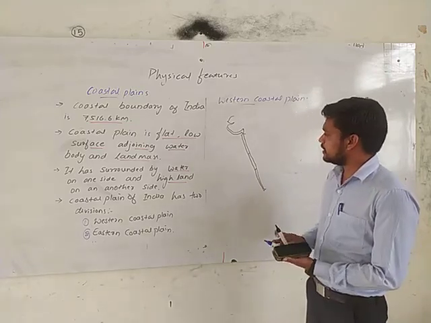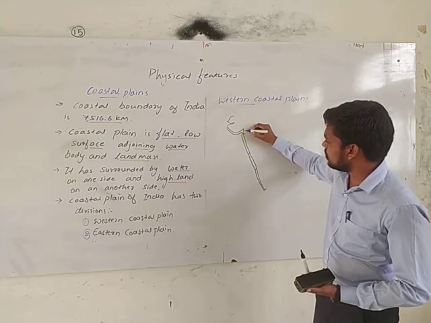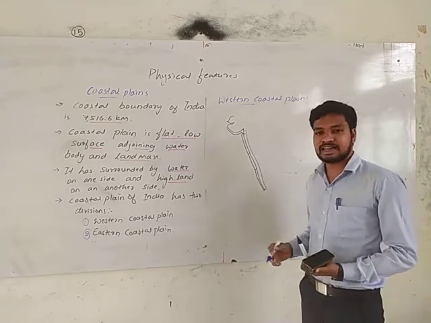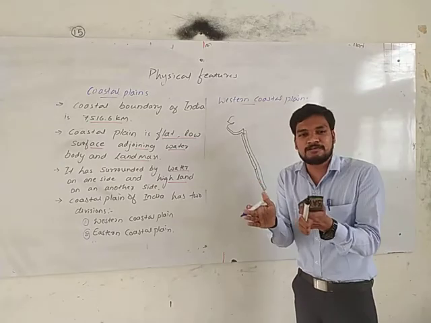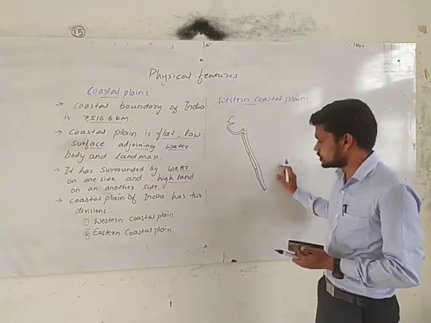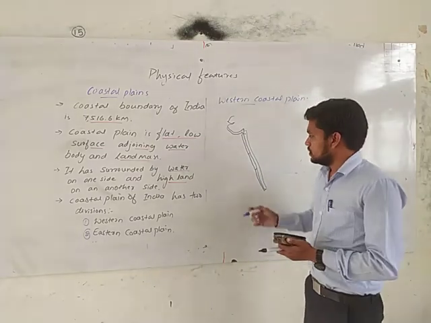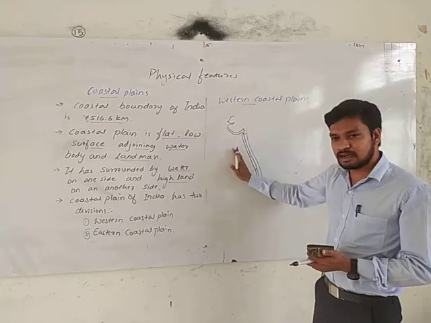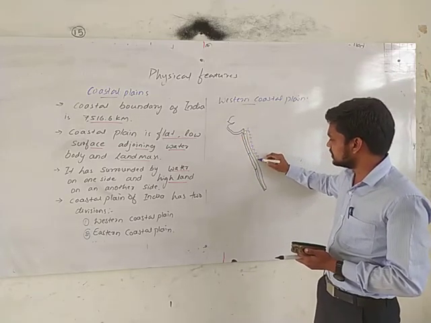This coastal plain is narrow and long. It has less width compared to the eastern coastal plain. It lies between the Arabian Sea and the Western Ghats.